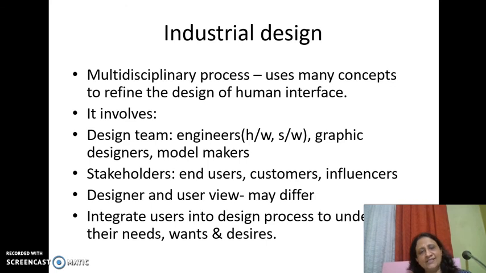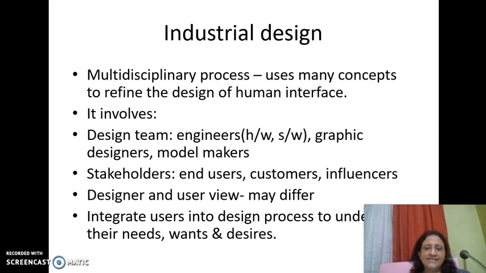It involves many members: design team members, hardware and software engineers, graphic designers, model makers, and various stakeholders. The stakeholders also come in different categories: end users, customers, and influencers. Later we will see the difference between end users, customers, and influencers.